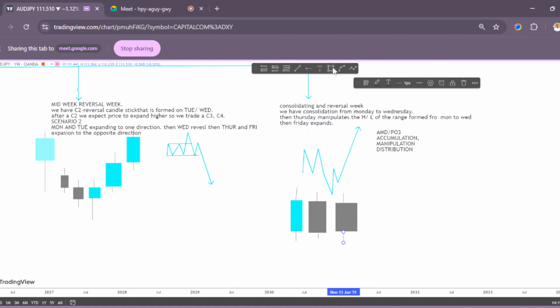And then Thursday, we manipulate there. You see, we have manipulated the highs and then closed within the range.